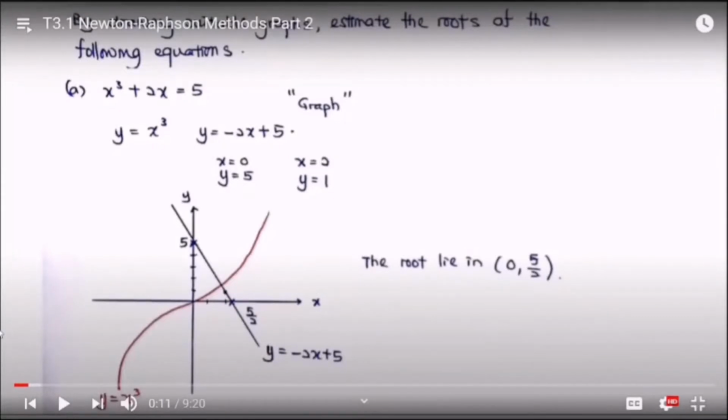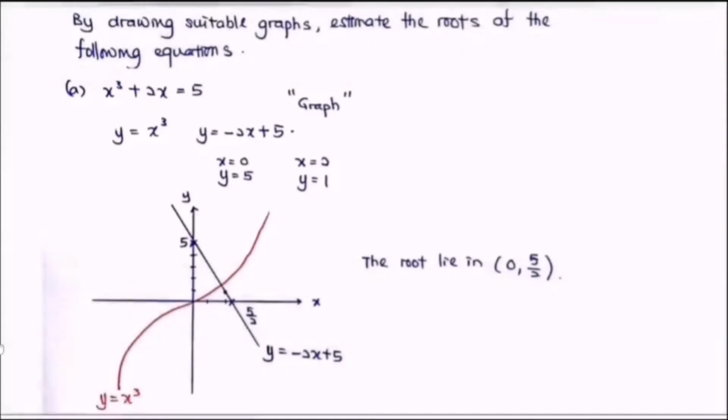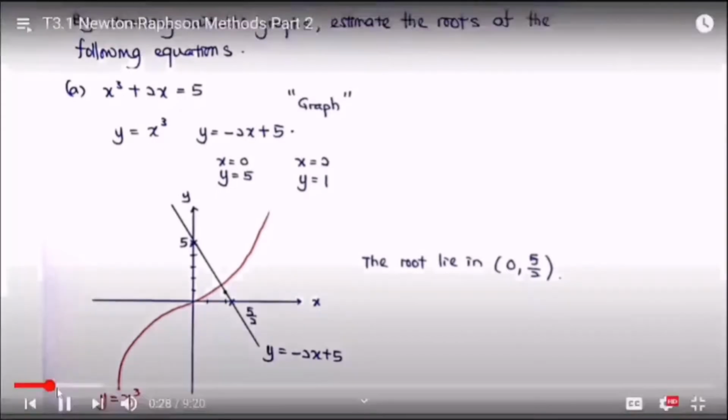So, kita ada contoh. We have part 1, which is the solutions of non-linear equation. And at the same time, I'm going to discuss how to find the roots by using the graphical method, number 1, and number 2, searching for the sign change. Dengar, saya kata yang number 1, graphical method. Number 2, searching for sign change.